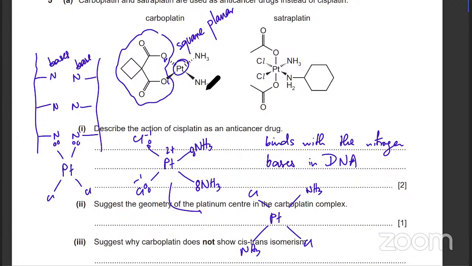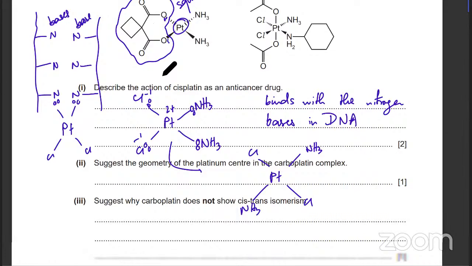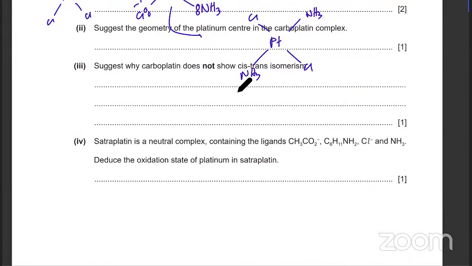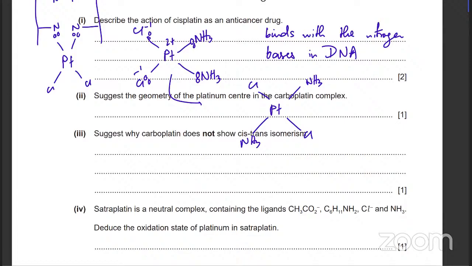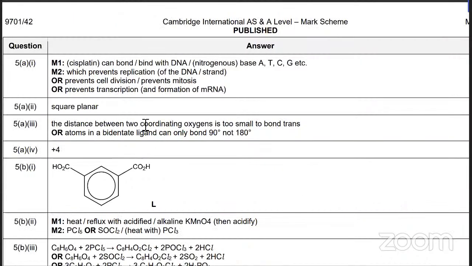If I have an NH3 over here, the other NH3 cannot be over here, because the 2 bidentate ligand lone pairs have to be next to each other. So how do you describe that? It's just 1 mark. I'm just going to use the words in the marking scheme, which is that the distance between the two coordinating atoms is too small to bond trans, or you can say that it's a bidentate ligand and can only bond on adjacent positions, because it's bidentate.